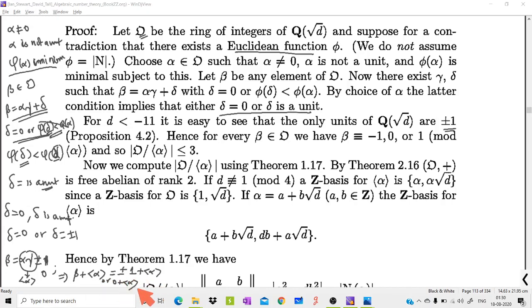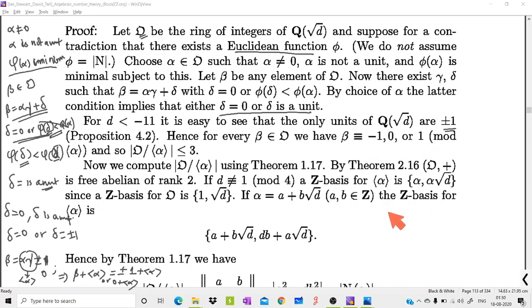These are the only possibilities. So we rewrite this expression in this manner: beta is congruent to minus 1, 0 or 1 mod alpha. This means that beta plus ideal generated by alpha has only three possibilities: minus 1 plus ideal generated by alpha, 0 plus ideal generated by alpha, or 1 plus ideal generated by alpha.